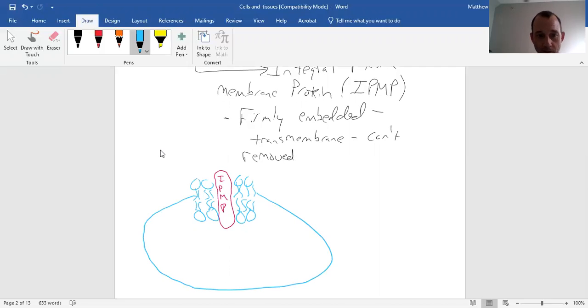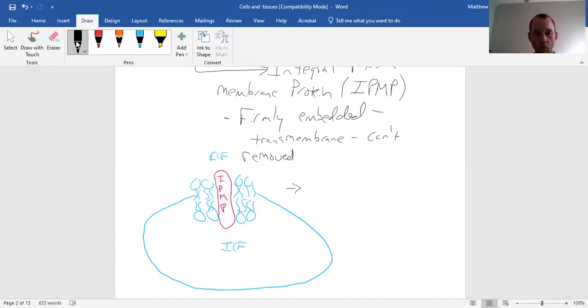But what this means is your entire IPMP is transmembrane. It spans the entire phospholipid bilayer, which means it can associate with both the ECF and ICF. All right. Now, this is slightly different than what ends up being called our next type here.